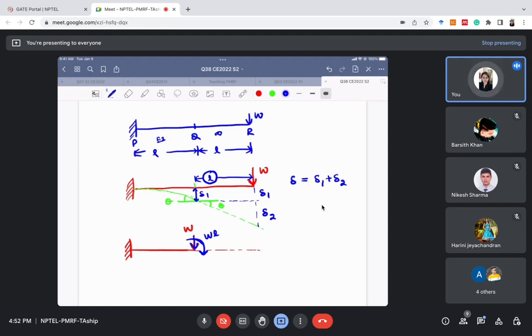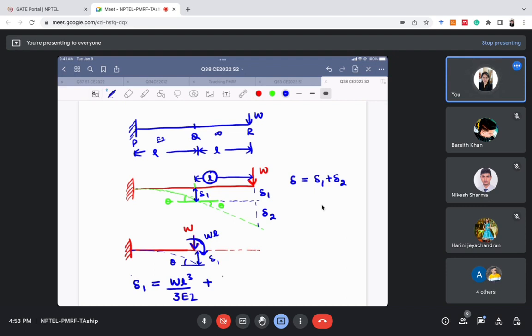Now delta 1 will be the deflection due to these two loads, and theta will be the slope due to these two loads. The deflection due to W will be PL cube by 3EI, as you know. The deflection due to moment is ML square by 2EI.